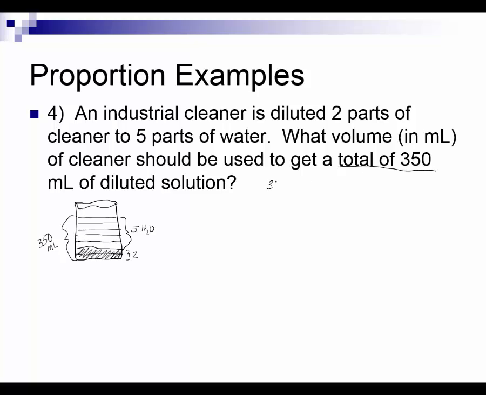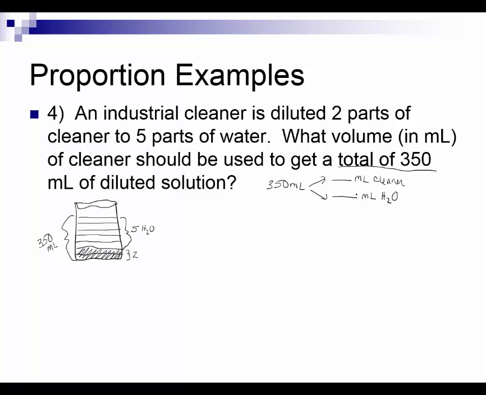And this total of 350 milliliters, we want to split it up into some blank milliliters of the cleaner and blank milliliters, the other portion of it, of the water.